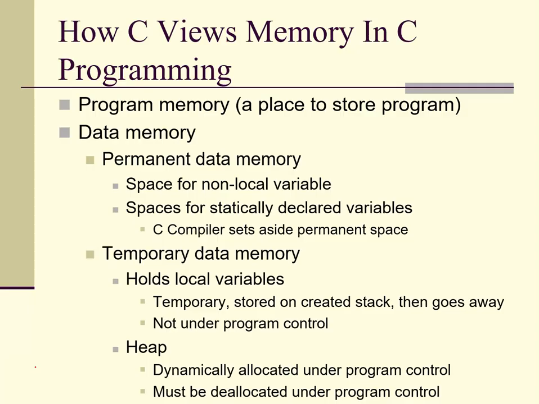There's also the heap, which is memory that I can dynamically allocate under program control. In C, if I allocate it under program control, I have to deallocate it. So it's really easy to get a memory leak, which means I forget to deallocate memory and eventually run out of heap space. It's quite a big problem. So there's no garbage collection in C.